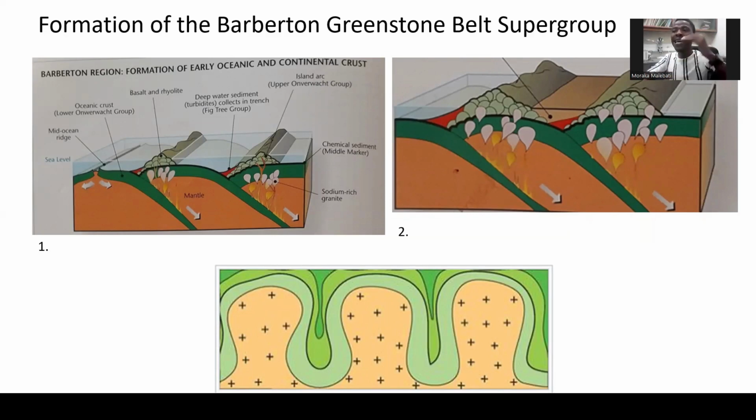Now, where these basalts and the granodiorite magmas are erupting onto the ocean floor, burying the metal marker, basalts here, this is termed the upper Onverwacht, which is why the upper Onverwacht is right on top of the metal marker.